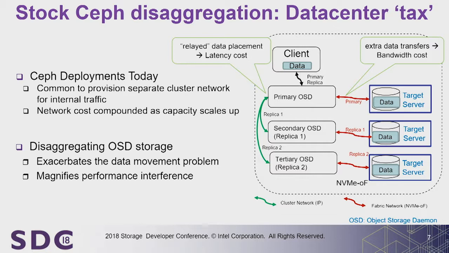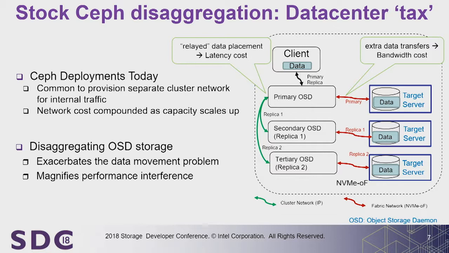If you follow the arrow from the client, the data block will have to travel to the primary OSD. That's a required step 4. But the point is, the OSD is playing a relay role here to pass the data to the secondary and tertiary, but eventually it just moves on to their actual location in a remote target. So that red line is showing a fabric connection.